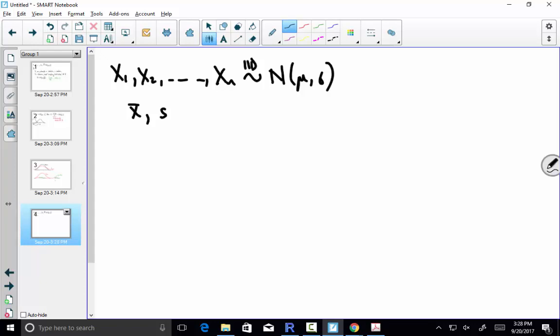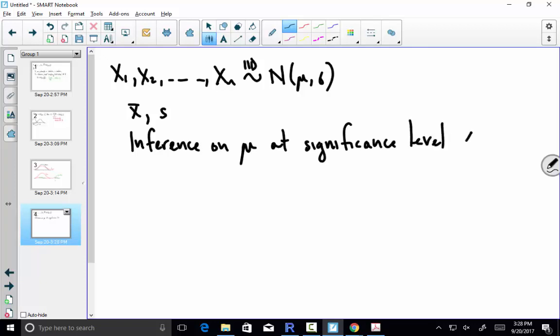Let's say we're going to do inference on mu at significance level alpha. We could either do this with a hypothesis test or with a confidence interval.